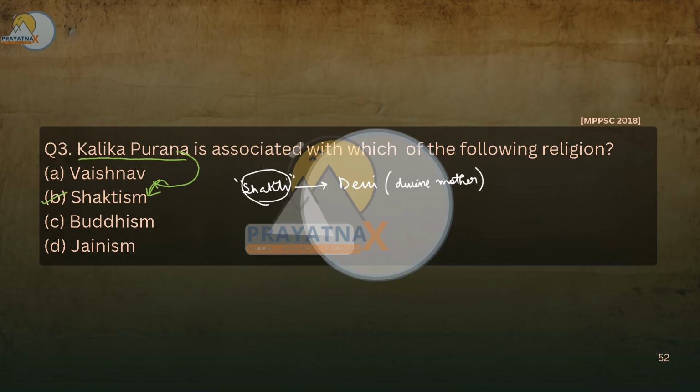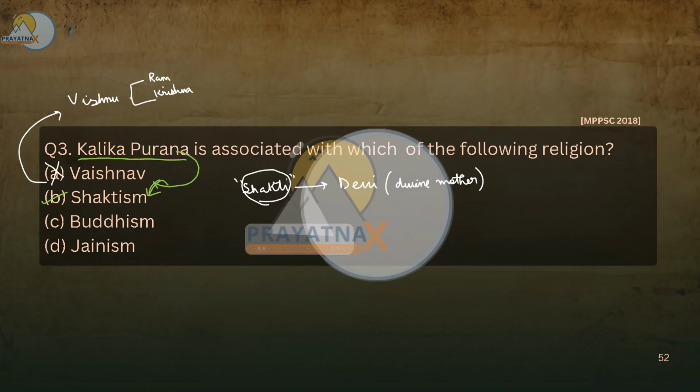Now Vaishnavism, this basically is a religion which primarily worships Vishnu and his consecutive avatars like Ram and Krishna. Now while Purans often mention various deities, the central theme of Kalika Puran is not Vishnu, hence this was not the correct option.